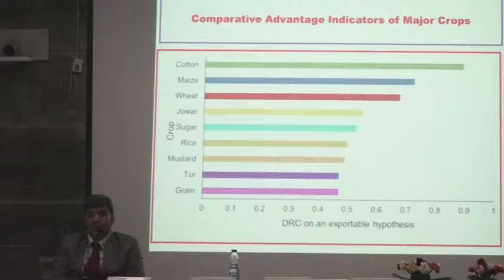Because if we import, then $1 goes out of the country. And if we produce, we can produce by using resources worth less than $1. For example, that may be $0.5, and that $0.5 will also stay within the country. It is not going beyond the country. And if we are importing, we are using more than $1.